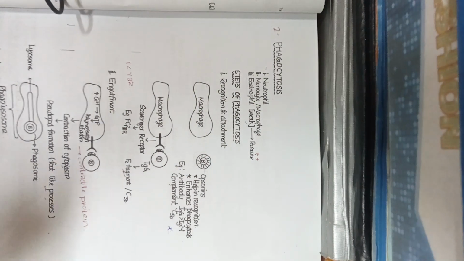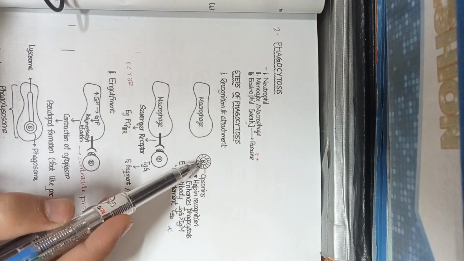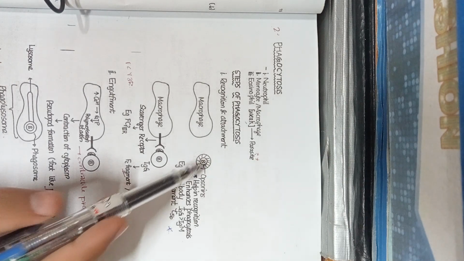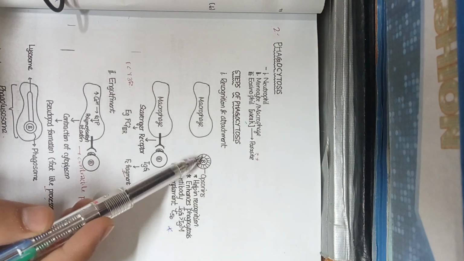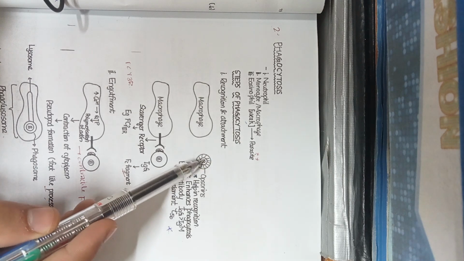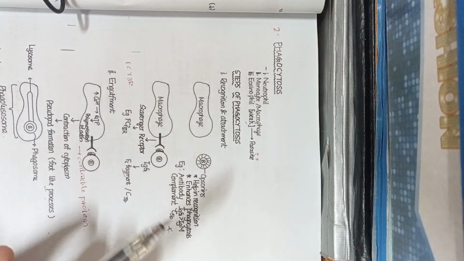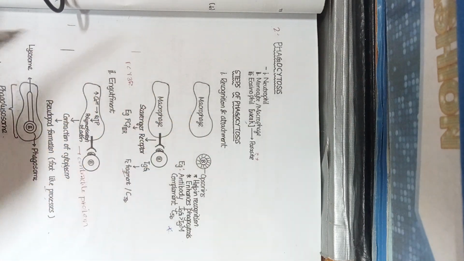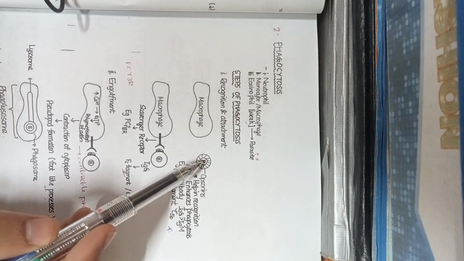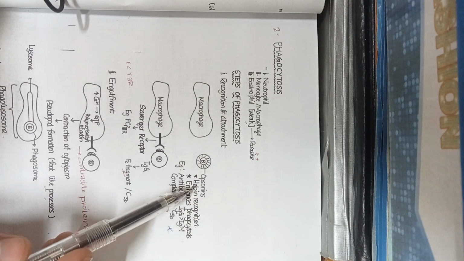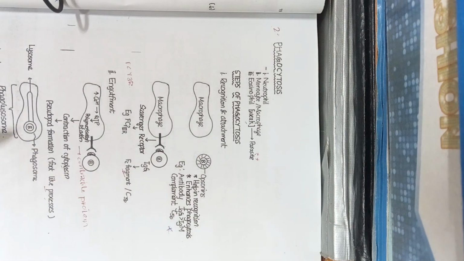Simply, for example, this is a molecule produced by a foreign body like bacteria. The molecule surrounding this bacteria is opsonin. These opsonins present on the bacteria help in recognition and enhance phagocytosis.